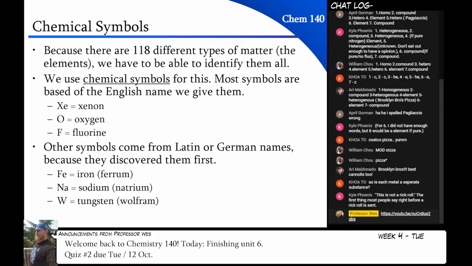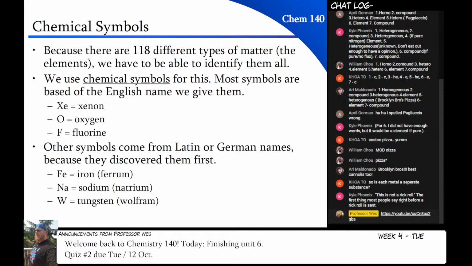current name. And the reason for that is because they were discovered by other societies or civilizations, and we adopted their name. For example, iron in Latin is known as ferrum. And because the Romans discovered iron more or less first, and that's the record that we use or think of where it comes from.